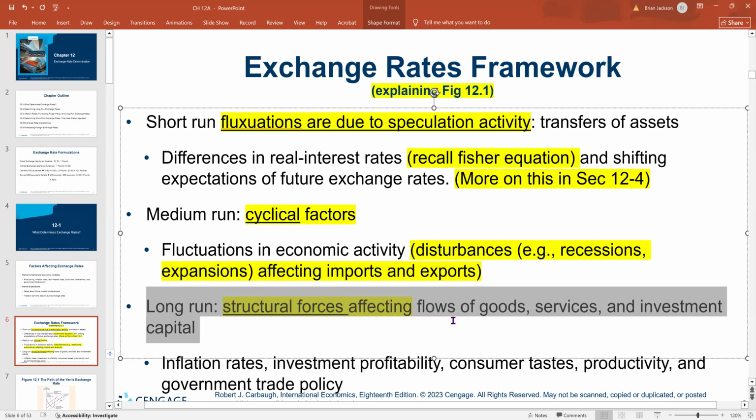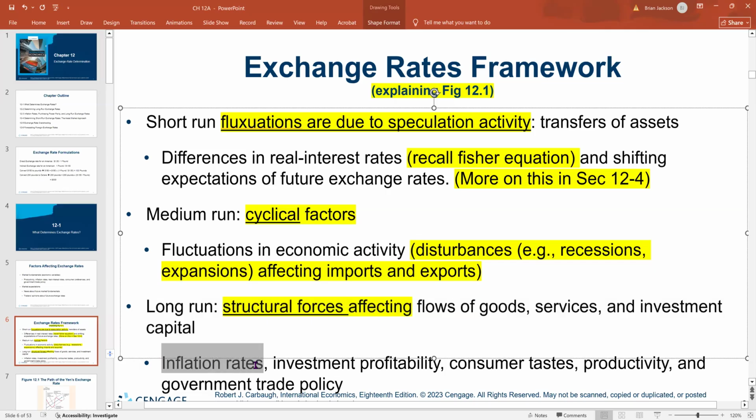And PPP, through these things, especially inflation rates, establishes trends in the long run rate, the long run movements of the exchange rates. Now we're going to look at the short run. And in the short run, there can be these aberrations from the long run rate because of differences that arise in real interest rates. Okay, real interest rates.